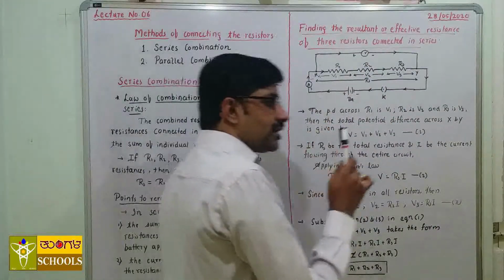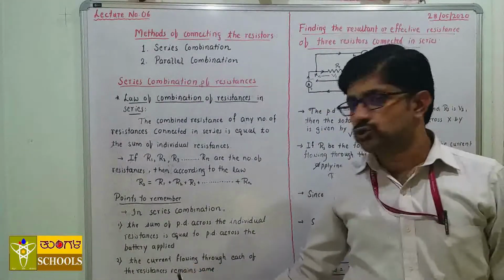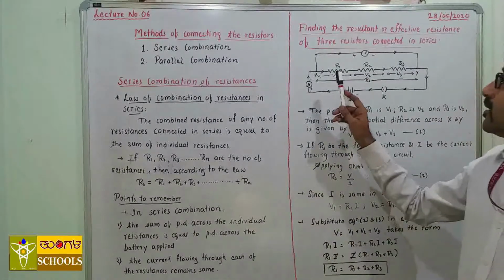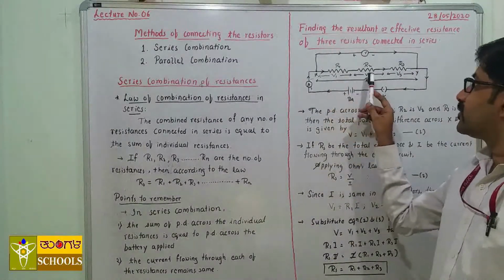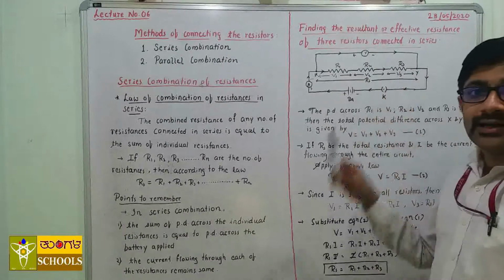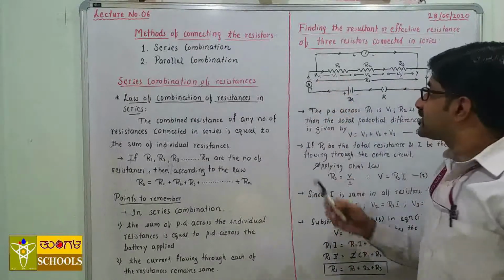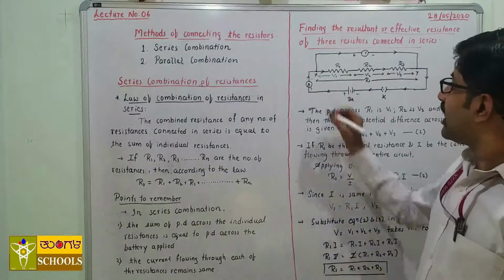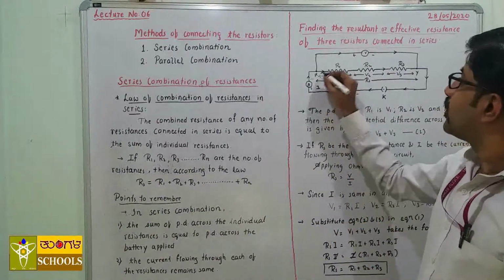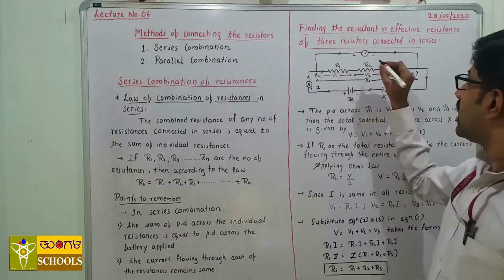This combination, again you need to take care of these 2 points. Here V1 is different, V2 is different, V3 is different, but it is equal to the sum across these two; you have to remember. Similarly, the current I remains the same through R1, R2, R3.